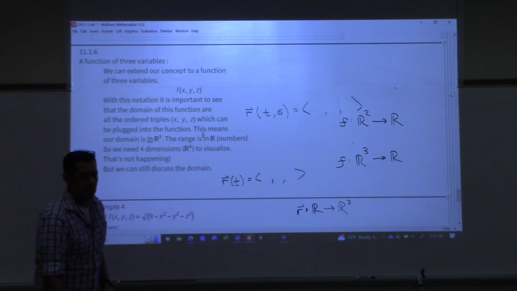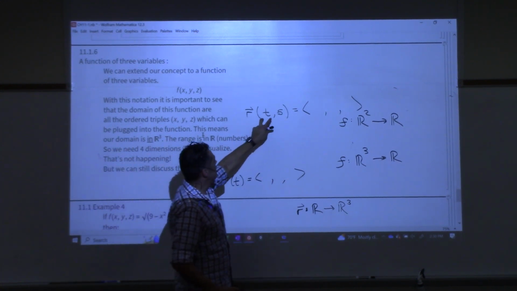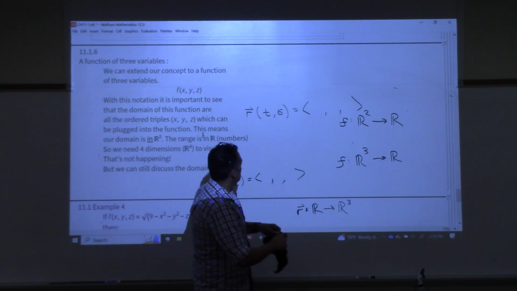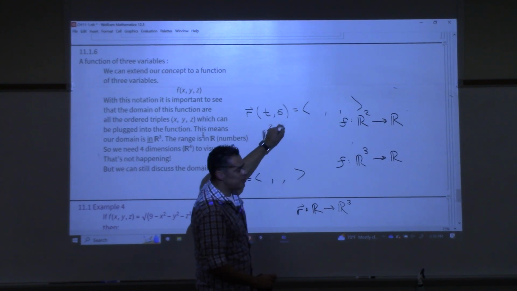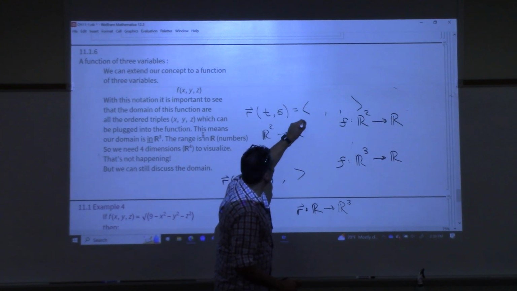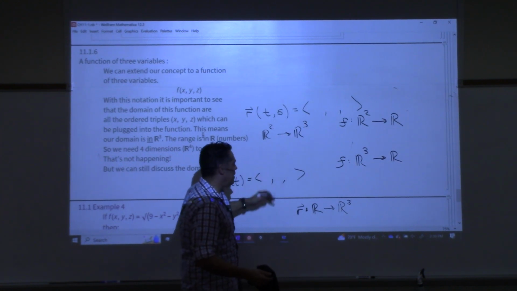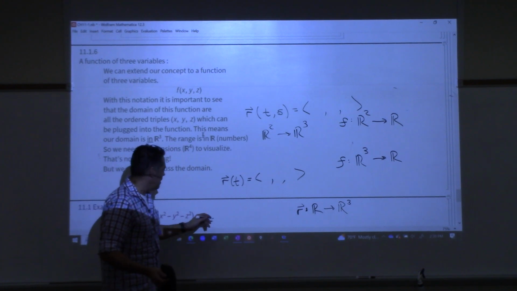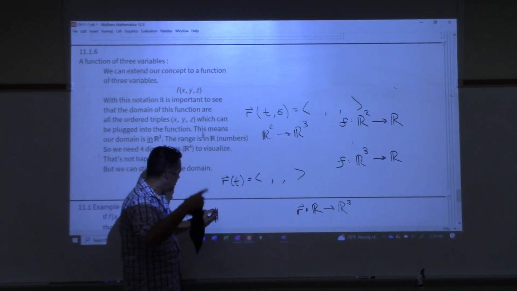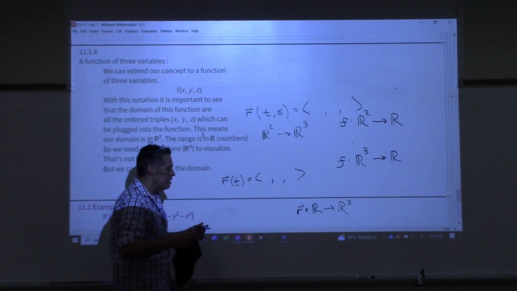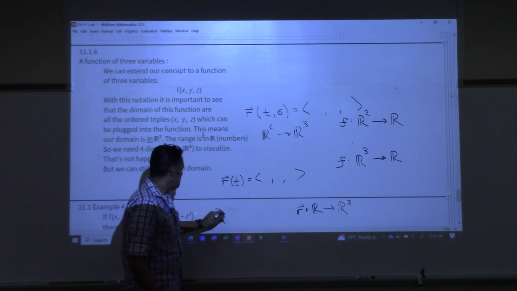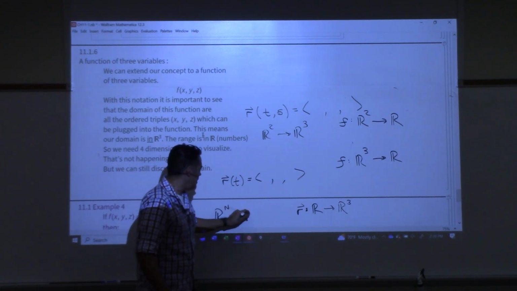So we are going to do that, but we are not going to go past going from R2, two inputs, into R3. We will not go past that. But anyone who's going to do anything meaningful, engineers, computer science, generally speaking, we should be able to go from Rn into Rm.